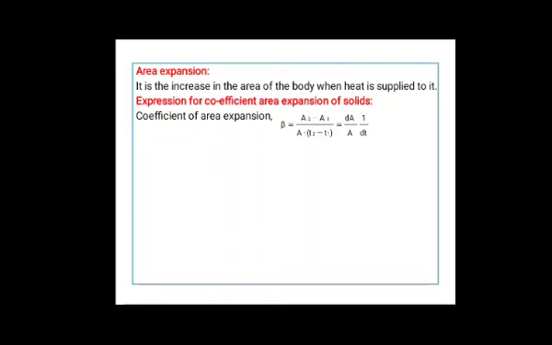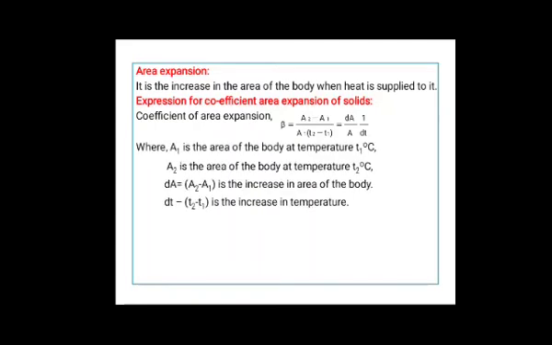Here we are considering A1 as the initial area, A2 as the increased area, and T1 and T2 as the initial temperature and final temperature. So A2 minus A1 can be written as the difference in area dA divided by A. T2 minus T1 can be represented by dt, that is the increase in temperature. So the coefficient of area expansion beta is dA divided by A into 1 divided by dt.